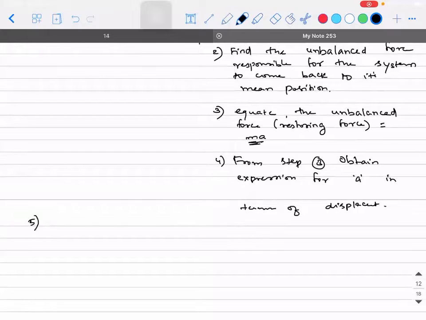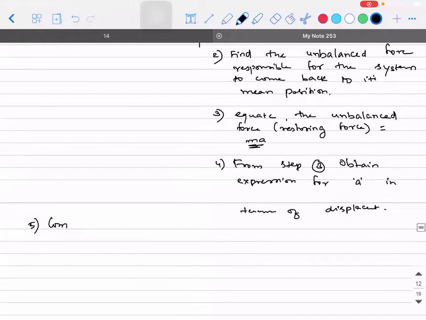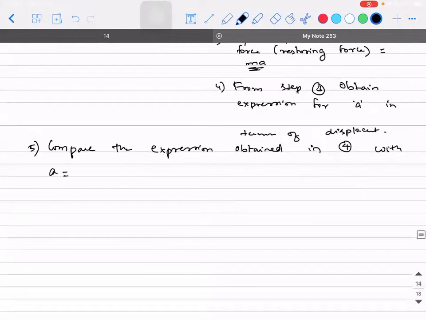Fifth step is, compare the expression obtained in step number 4 with A is equal to minus omega square x.